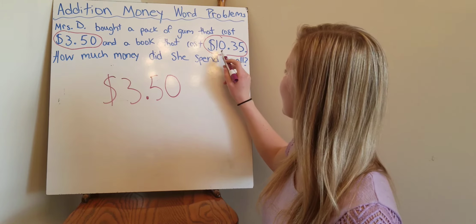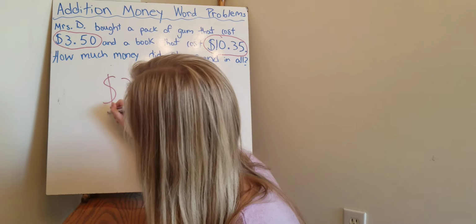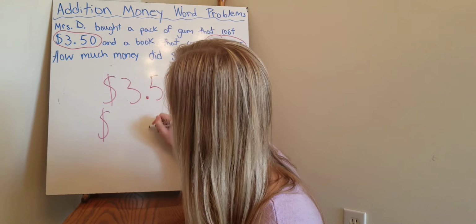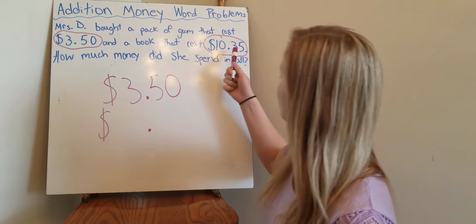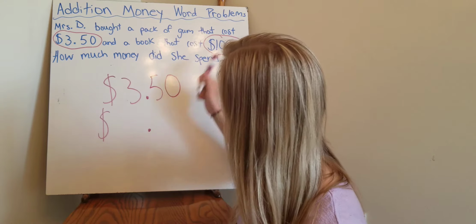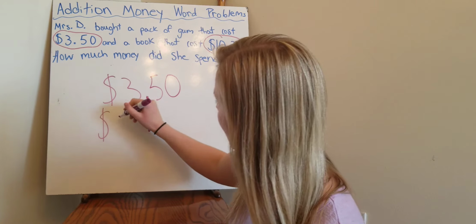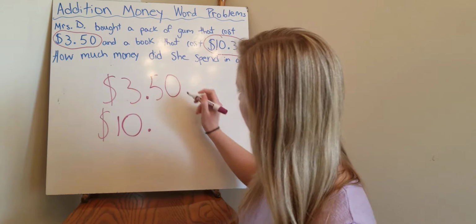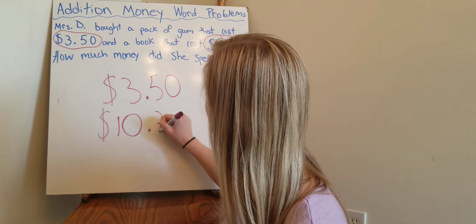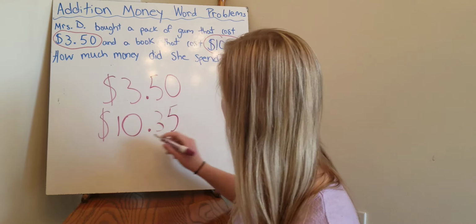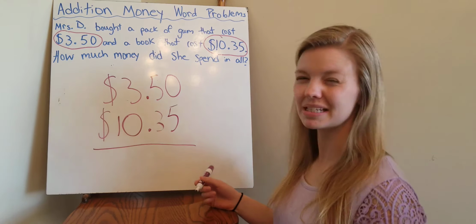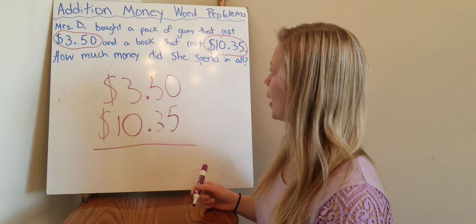Now, when I write this $10.35, I have to make sure I line up all the digits, okay? So my $10 should be on the same side of the dot, okay? And then my 35 needs to be lined up right under the 50 cents. Does that make sense? Okay.